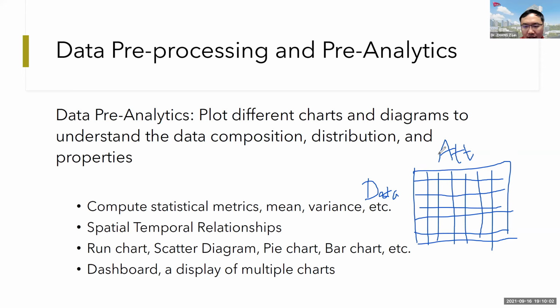To understand the data, you need to understand first what the characteristics or properties of each attribute are. Are they all numerical values, or are some of them constants, or some of them categorical values? So you want to check it. Basically, you can compute the range of the values, the mean, and the variance.